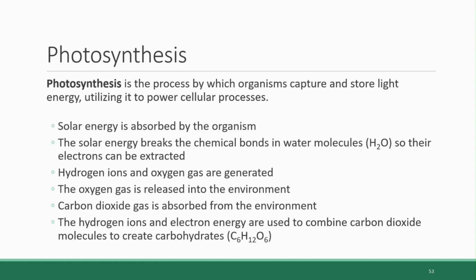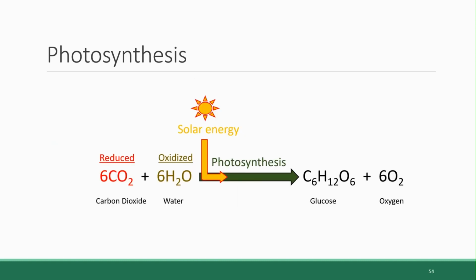But an even more complete summary of photosynthesis can be represented in the form of a chemical reaction that shows the inputs for the process on the left-hand side and the outputs on the right-hand side.